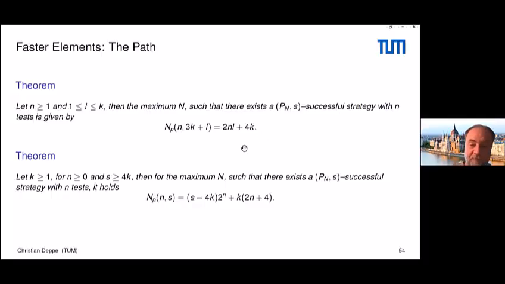And in the other cases, if S is greater or equal to 4k, it's like for the cycle. Then we get this formula. But we cannot write it in a nice form in one formula like before. We have in principle two equations here.